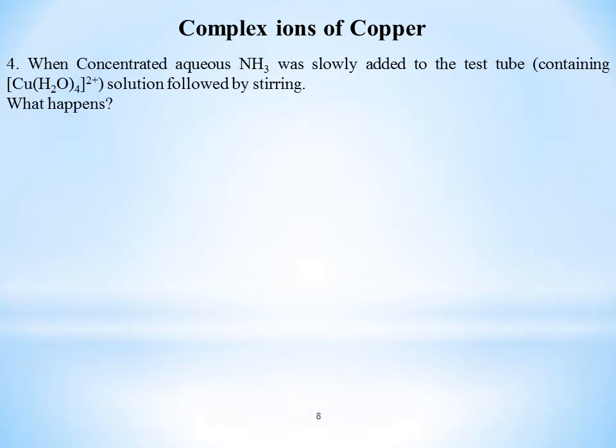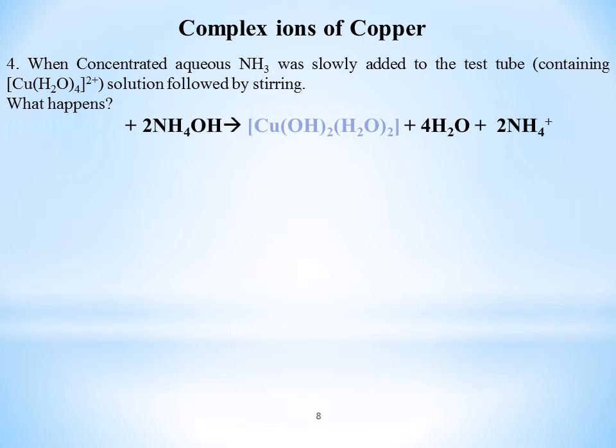When concentrated aqueous ammonia was slowly added to the test tube containing hydrated copper ion solution, what happens? It forms the bluish-white precipitates of copper hydroxide.